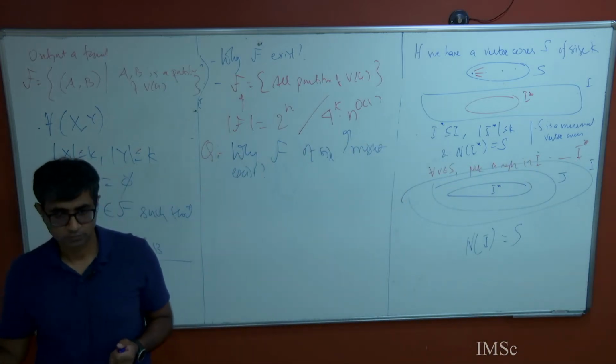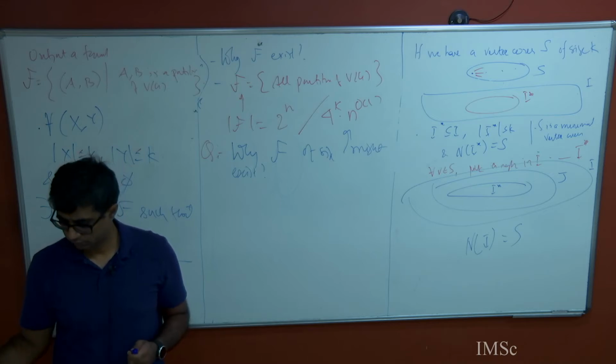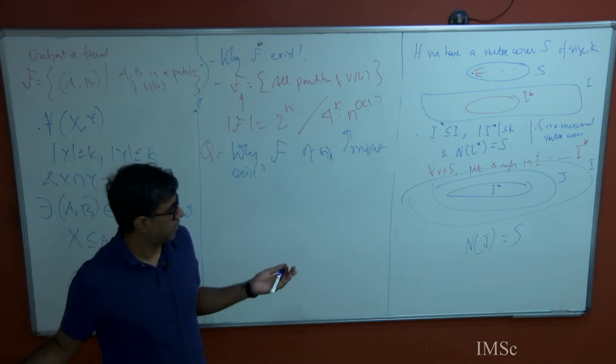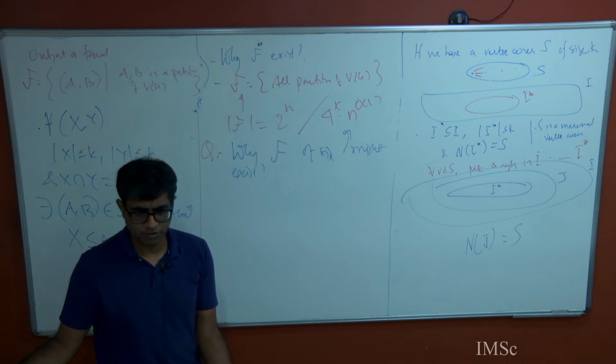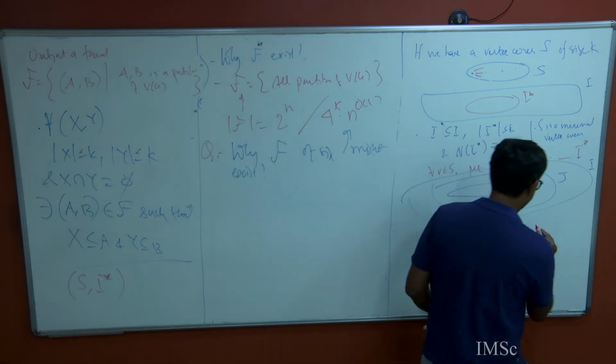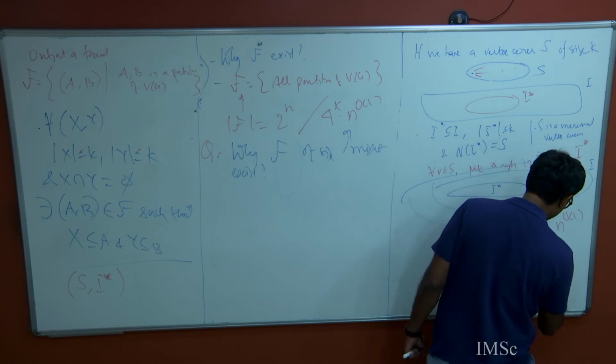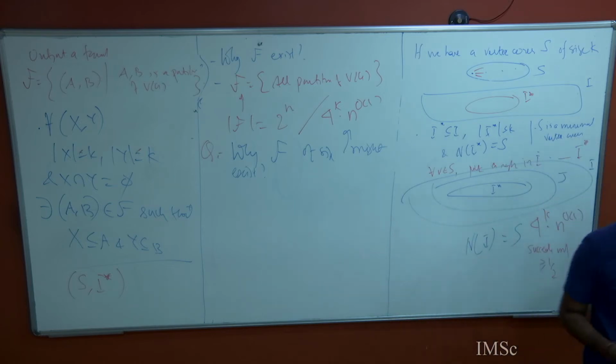This was also the time taken to enumerate all possible partitions in the random separation algorithm. This algorithm took 4 to the power k time, right? And succeeded with probability at least say half.